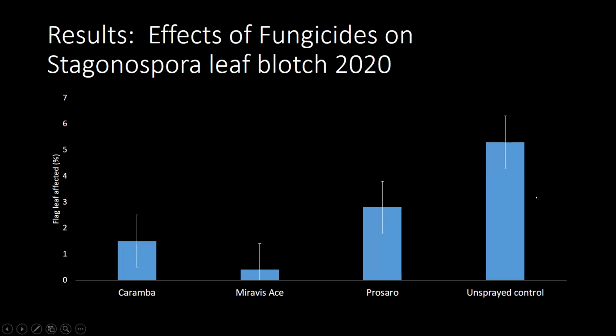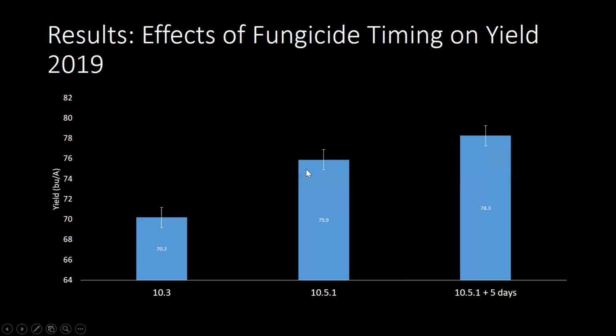And you can see here relative to our non-treated checks that all of these products did a good job at reducing Stagonospora leaf blotch, with Carumba and Miravis Ace doing better than Fusarium in this case. But they all have a good effect on that. They also work well on rusts and some of those other things that might move in later in the season.